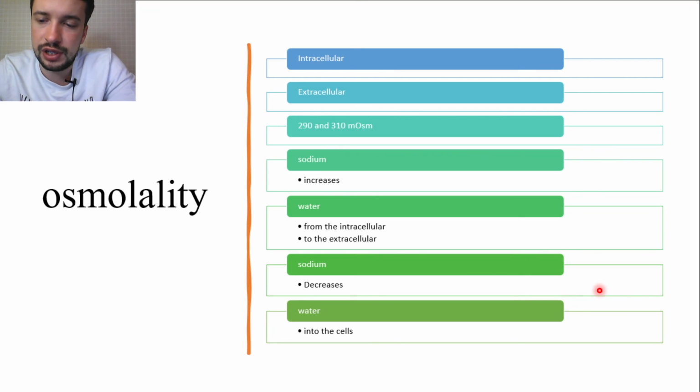For example, if the ECF concentration of sodium increases, there will be a net movement of water from the intracellular to the extracellular compartment. Conversely, if the ECF concentration of sodium decreases, water will move into the cells.